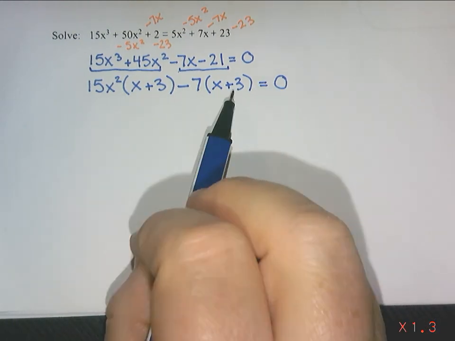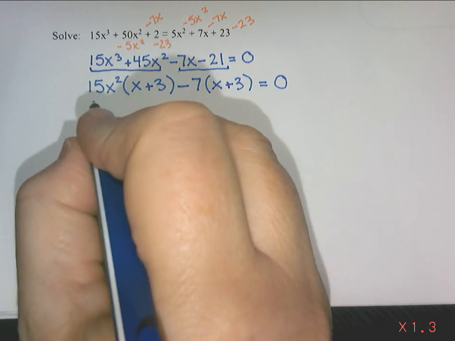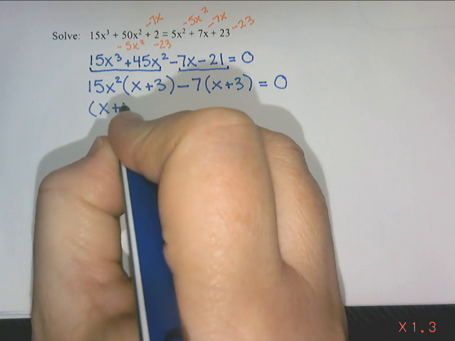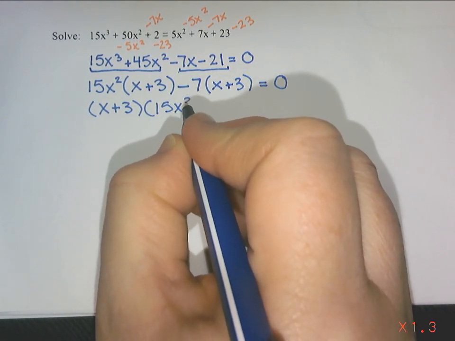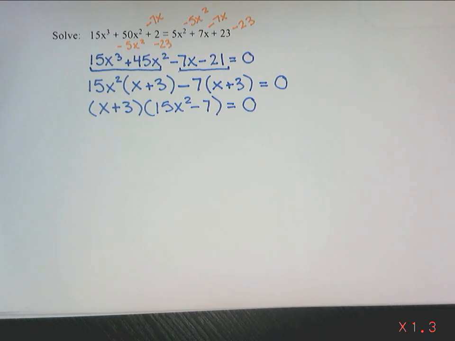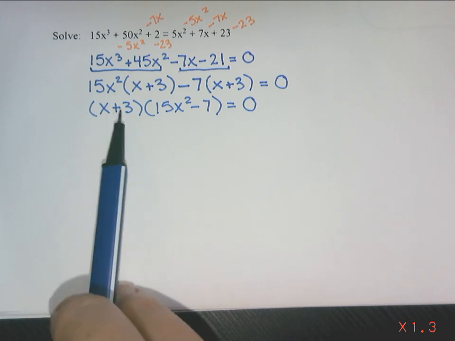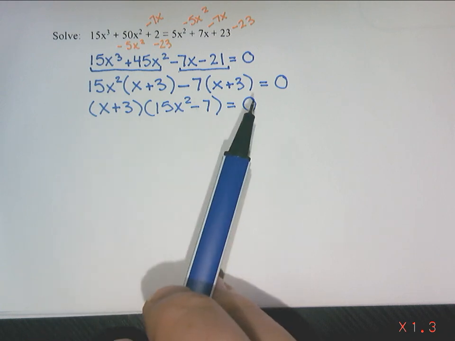These two brackets are the same, which means factoring by grouping is going to work. So that means this is x plus 3 times 15x squared, take away 7. And then that still equals 0. Now, when we're solving by factoring, we're trying to find a value for x that would make this equal 0.